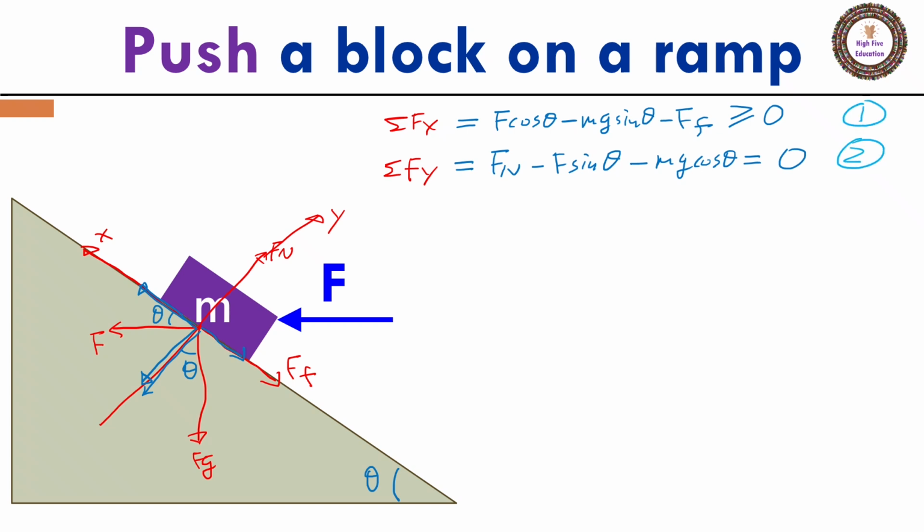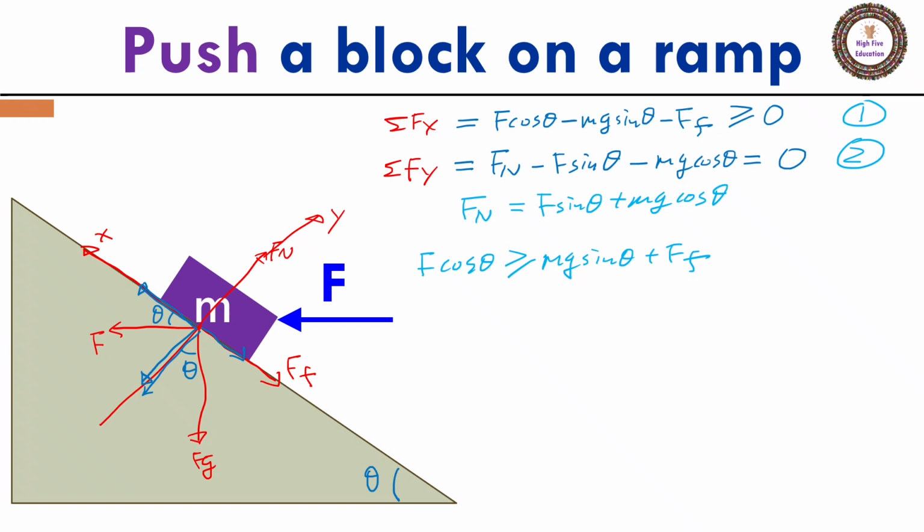From equation 2, I know my normal force Fn equals F sine theta plus mg cosine theta, right? So I also know that from equation 1, my F cosine theta needs to be larger or equal to mg sine theta plus the friction force.